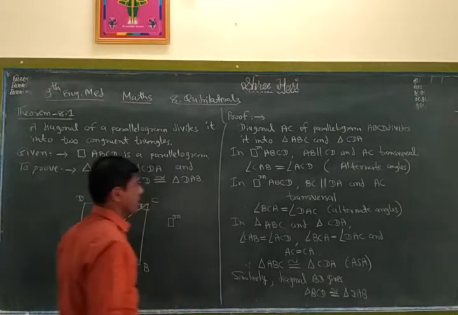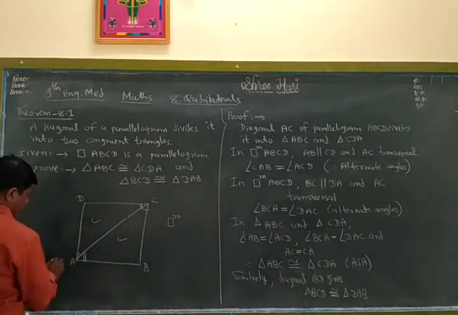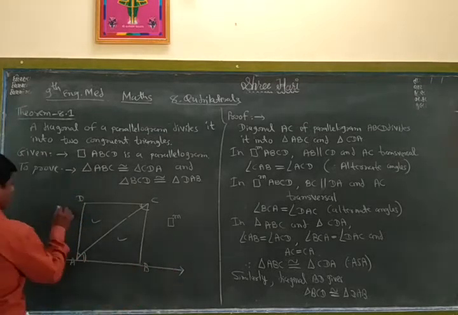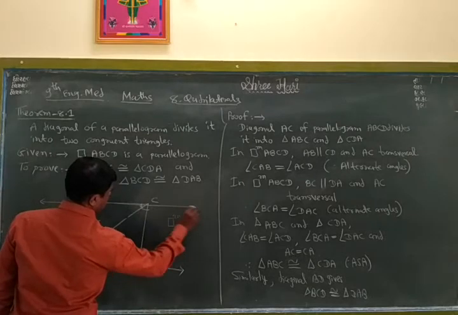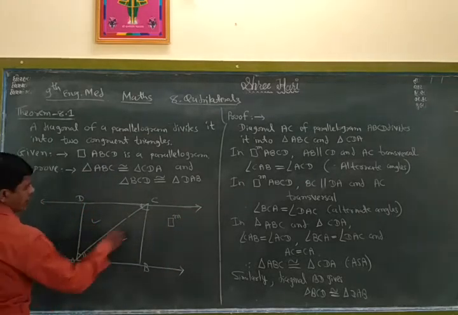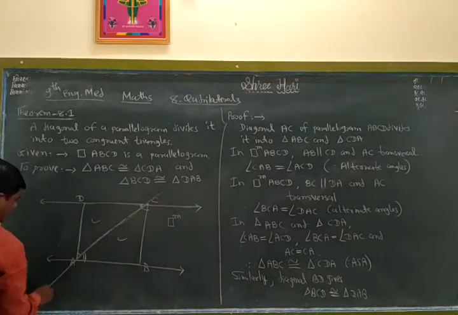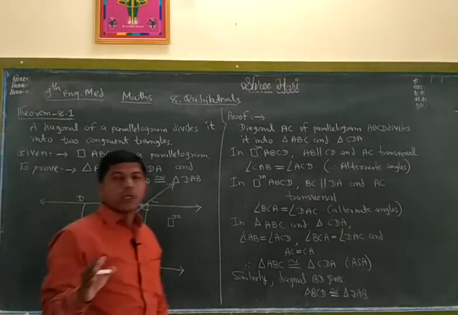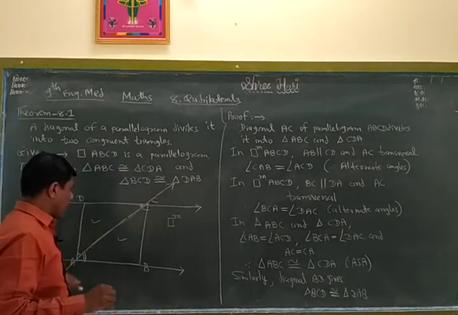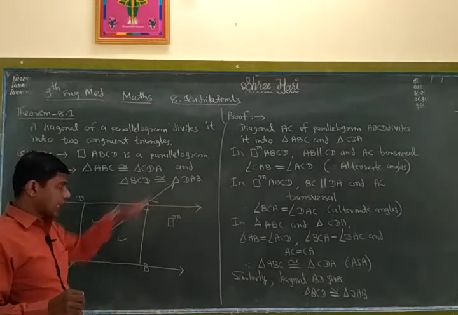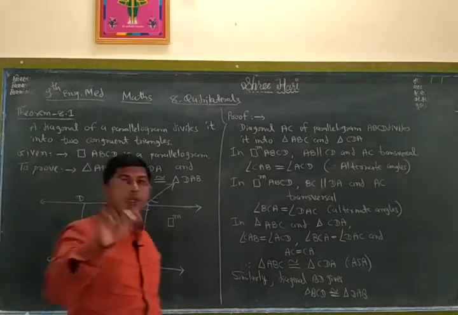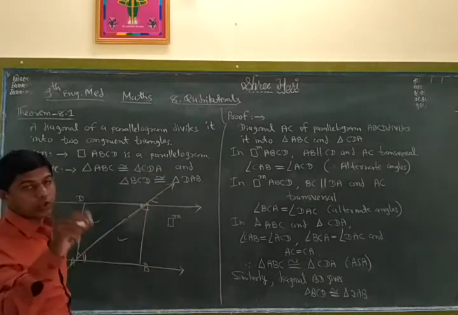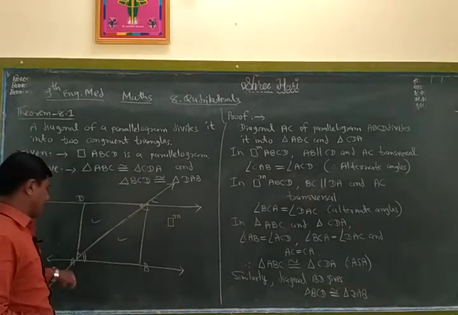AB is parallel to CD, and AC is the diagonal. Diagonal means this AC, two parts. So this is also a transversal. Transversal means it intersects two lines at distinct points. Here point C, here point A.